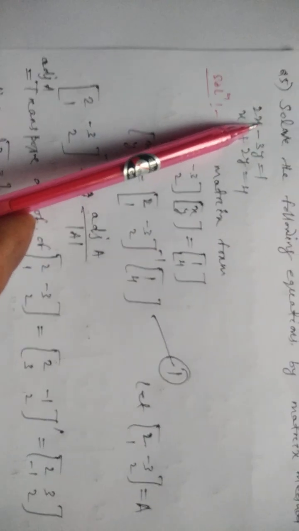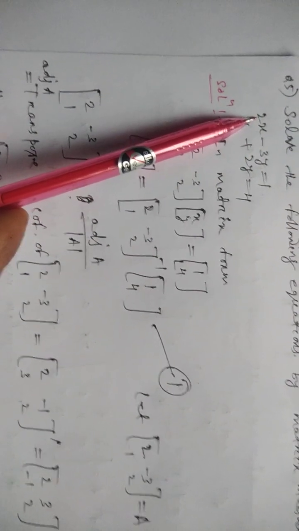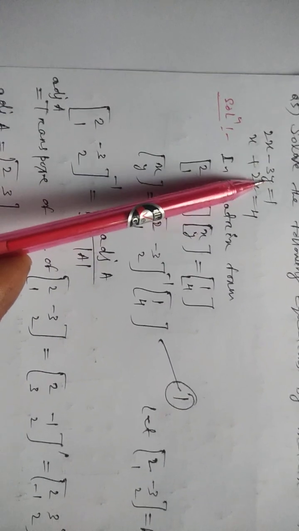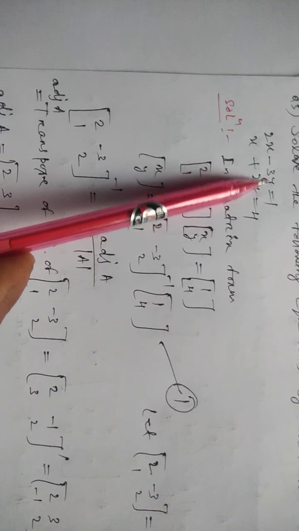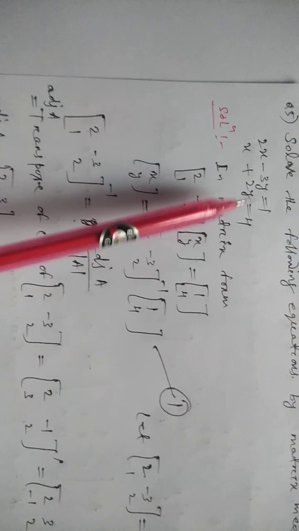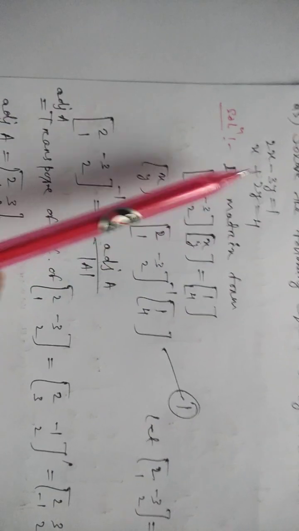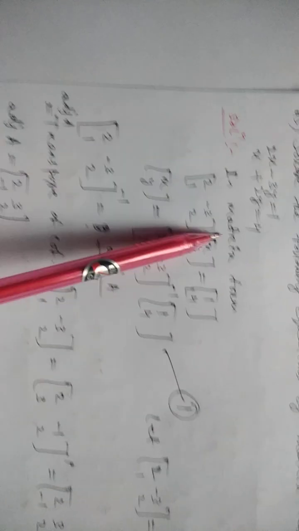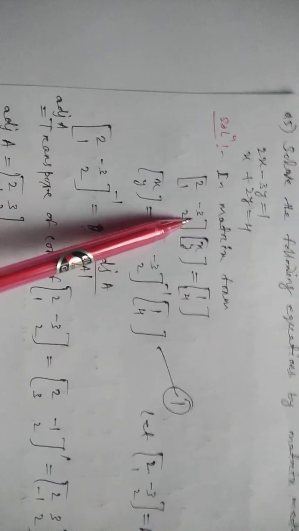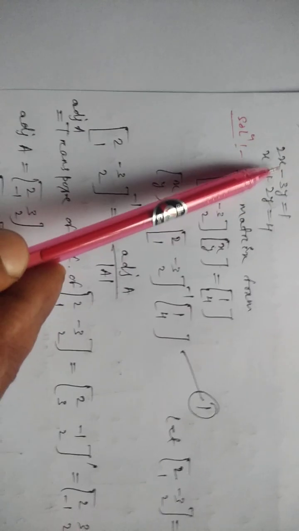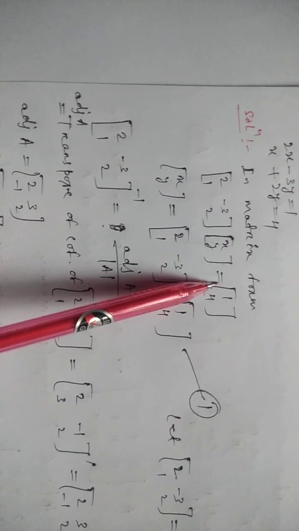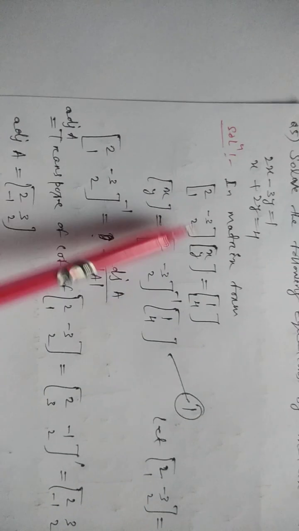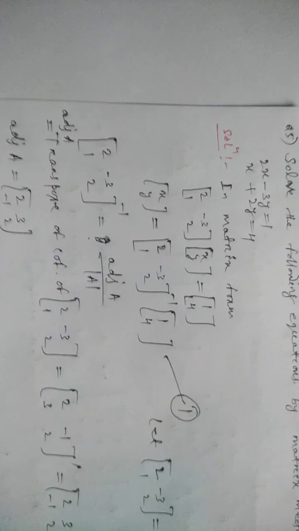The coefficients of x: 2, then the coefficient of y, that is minus 3. Similarly, in the second equation, that is 1 and 2, within a matrix into the variables x and y is equal to, on the right side, 1 and 4. So we have to calculate the value of x and y.